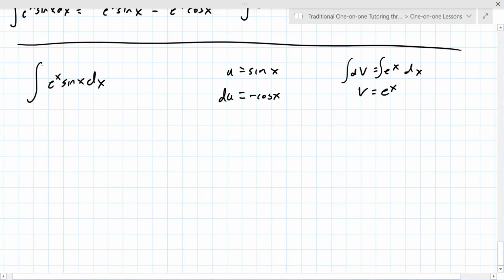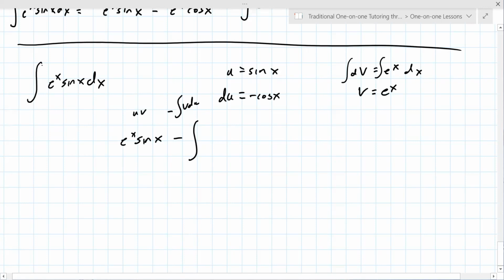Okay. So now it's uv minus the integral of v du. That's right. So it's e to the x sine x is uv, minus the integral. V is e to the x.